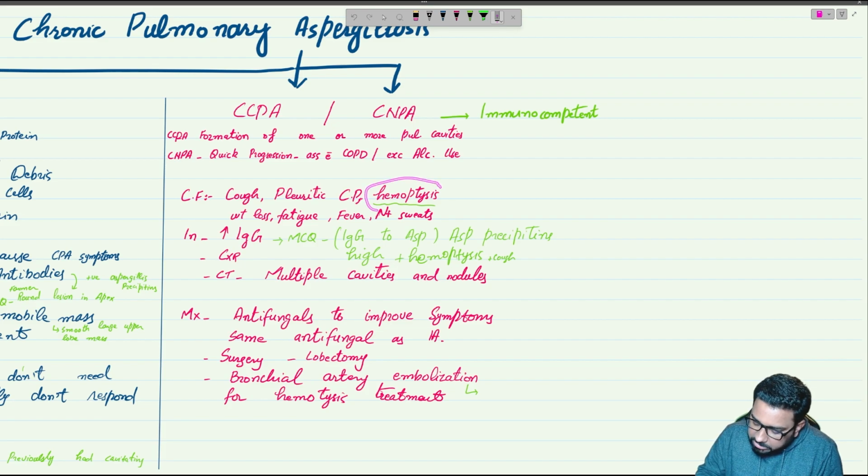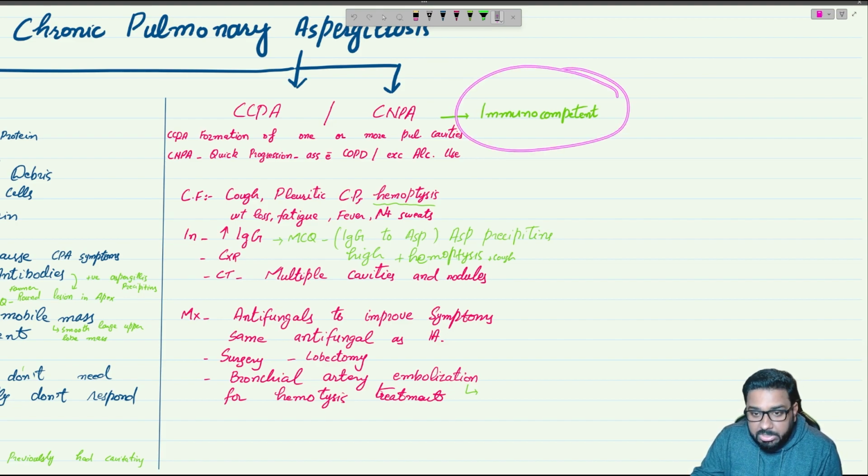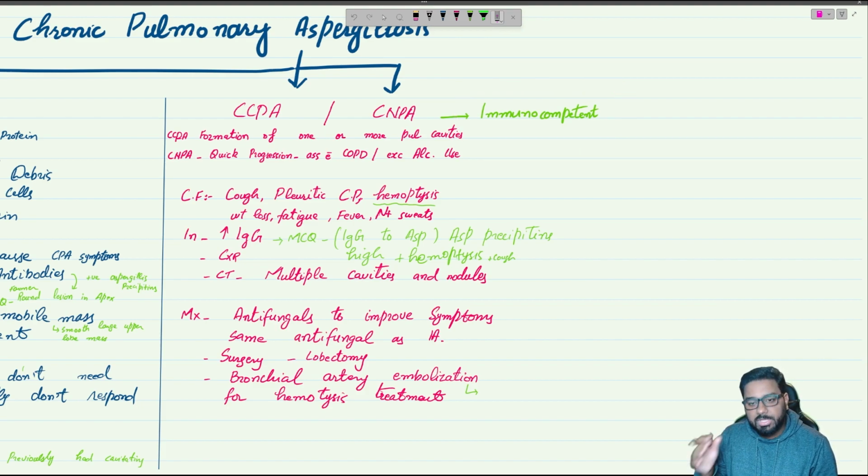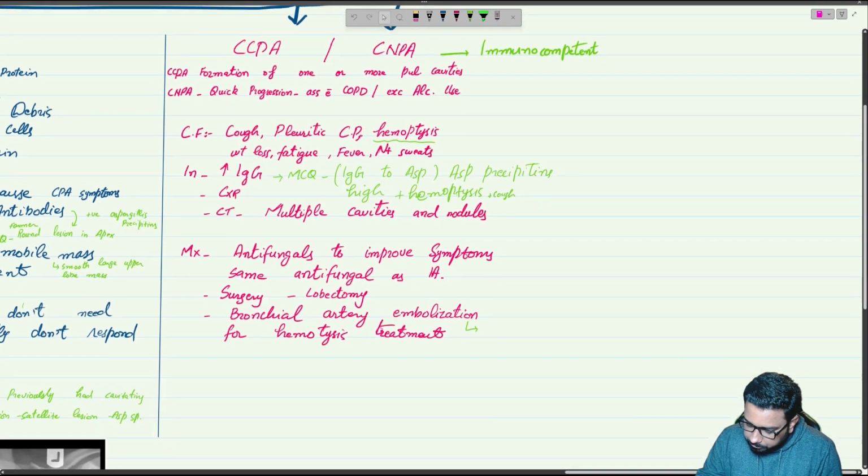Now the only difference is hemoptysis. Cough, pleuritic chest pain, weight loss, fatigue, fever, night sweats. So we can see all these symptoms are the same as invasive aspergillosis. The only difference is hemoptysis. The other difference is here they will not talk about any treatment of cancer if the patient is taking.